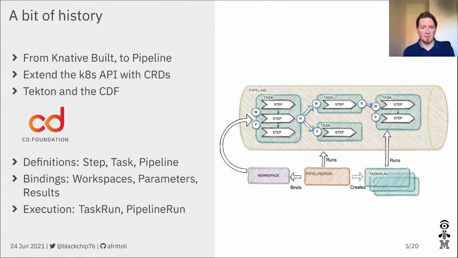It introduces concepts like workspaces, as well as parameters and results, which are used as inputs and outputs of tasks and pipelines. Finally, it introduces some resources for the runtime: TaskRuns for the execution of tasks and PipelineRuns for the execution of pipelines.